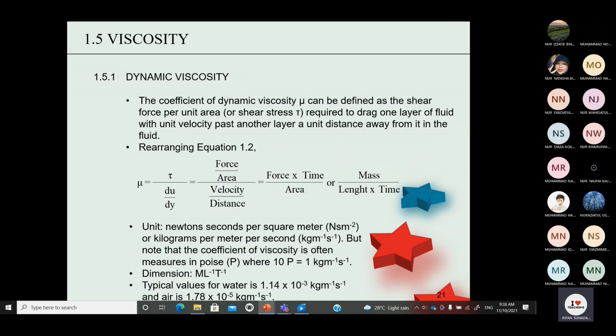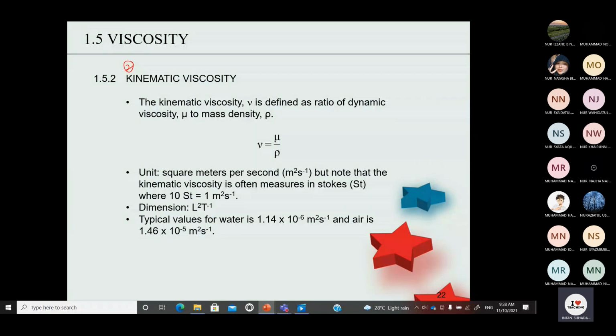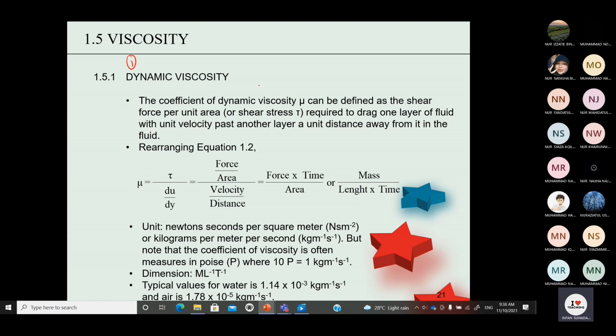Next we move on to viscosity. For viscosity we have two types: the first is dynamic viscosity, the second is kinematic viscosity. Viscosity, in Malay kelikatan.